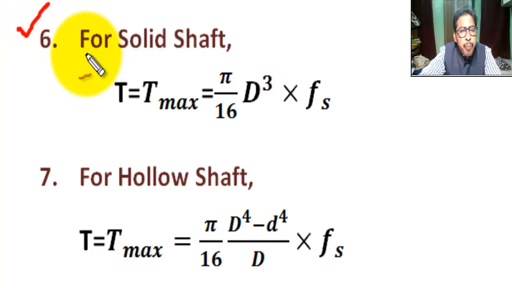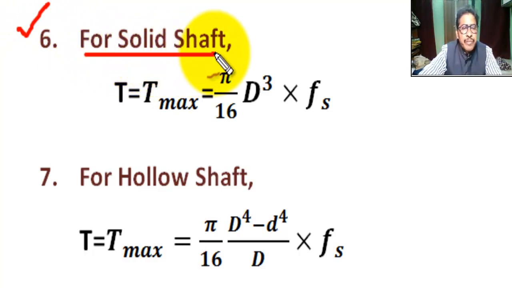Now number 6, for solid shaft, torque transmitted by solid shaft T. Here T means T max, maximum torque transmitted by shaft, equals pi by 16 capital D to the power 4 into Fs.